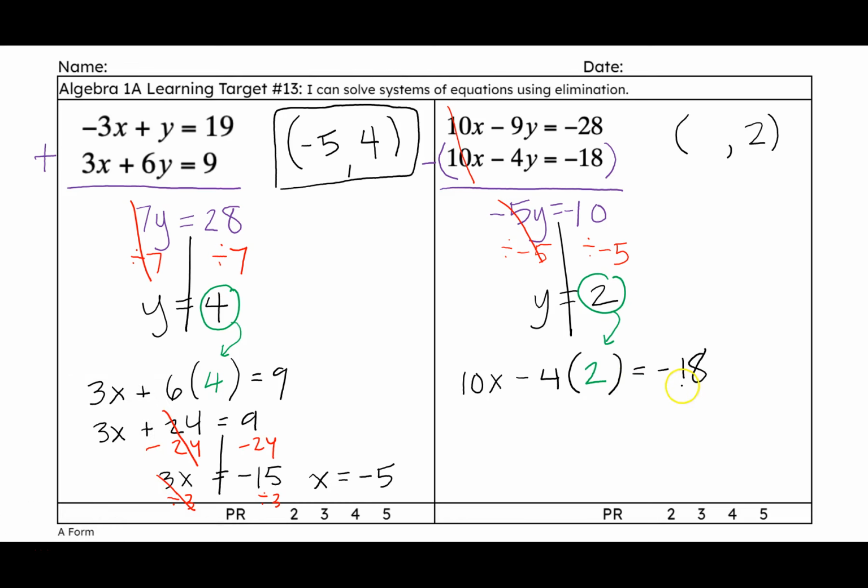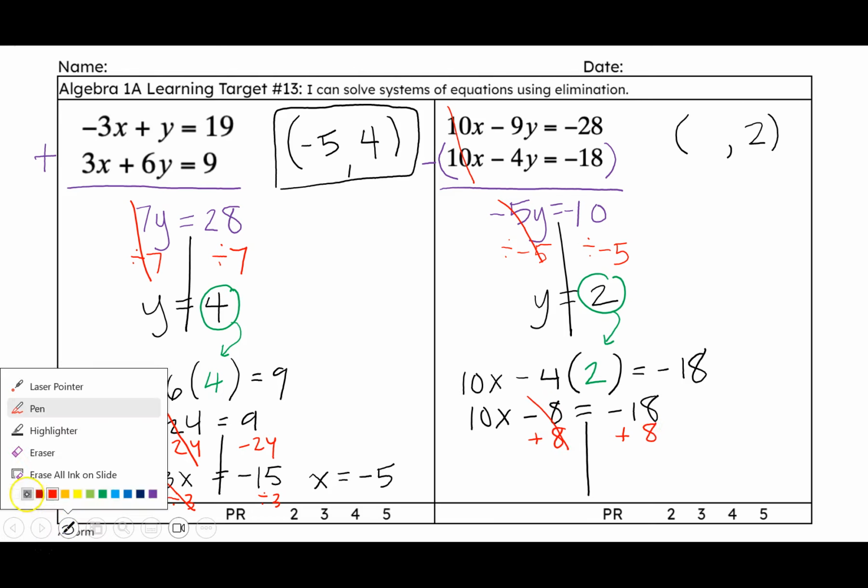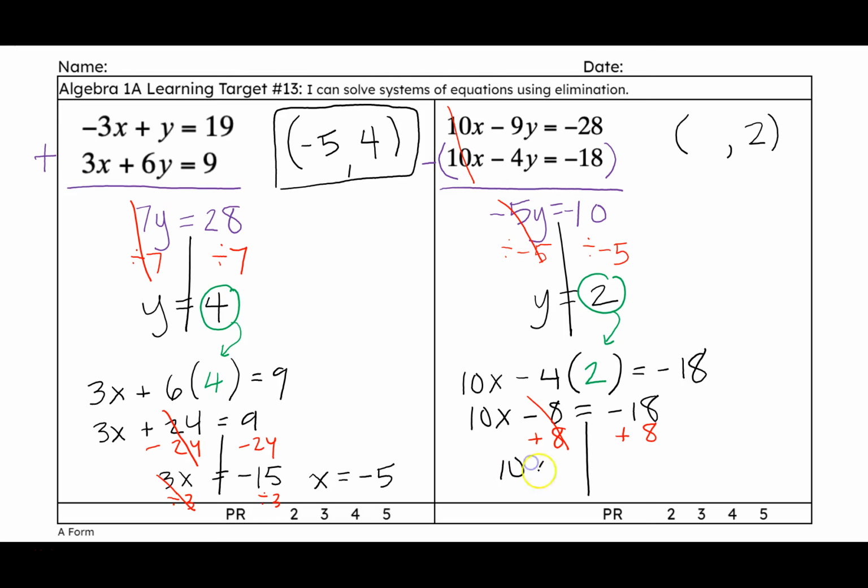I've got only x's left. I can do this. 10x take away 4 times 2 is 8 equals negative 18. Let's get rid of that constant at the back first. I'm going to add 8 to both sides. So now I'm going to be left with 10x equaling negative 18 plus 8, that's negative 10.